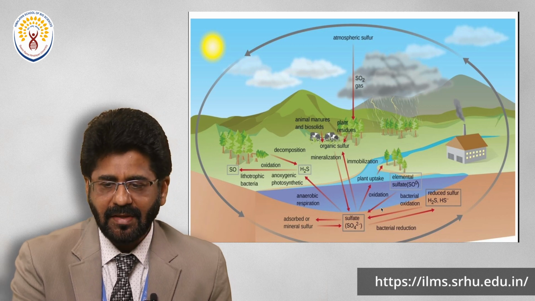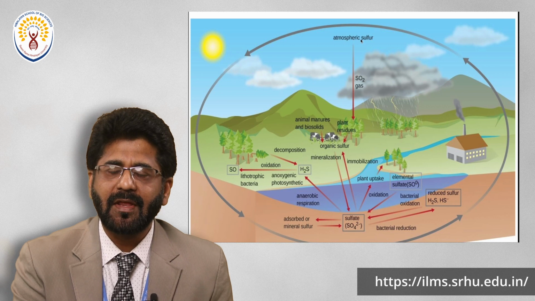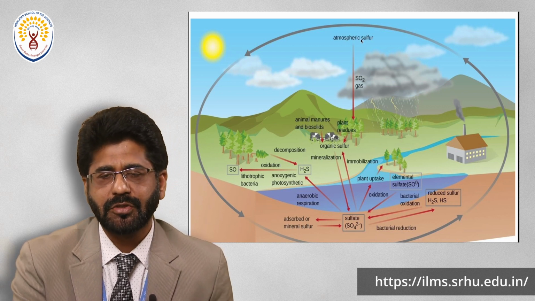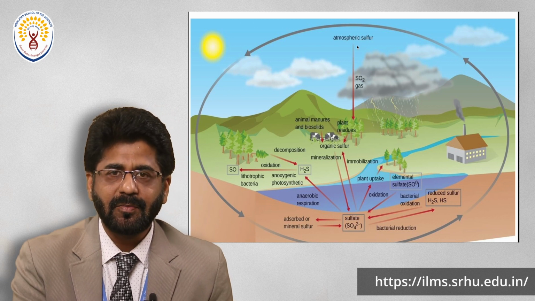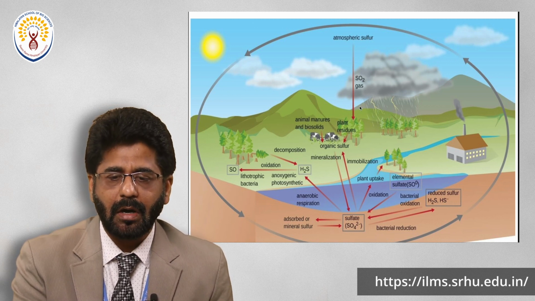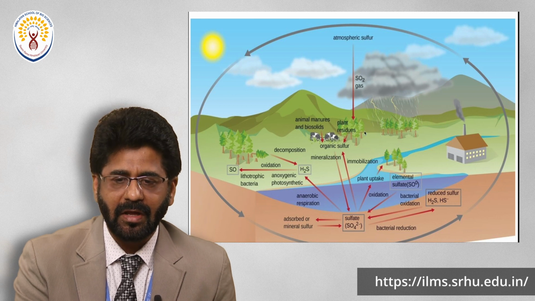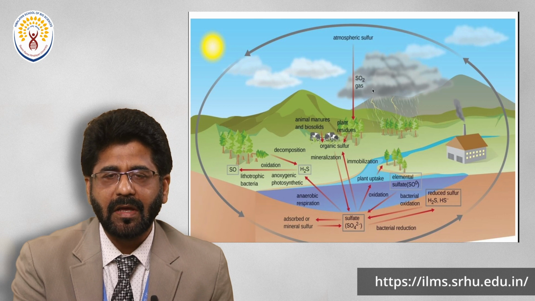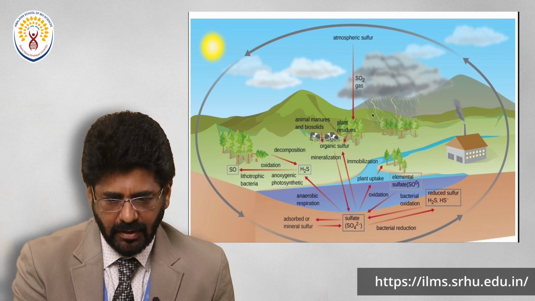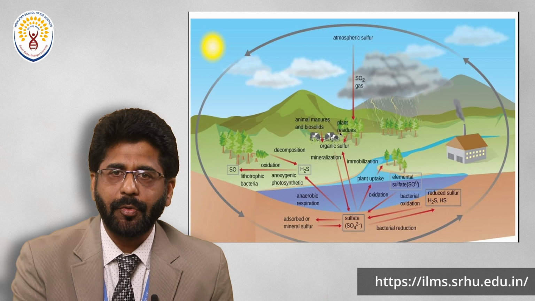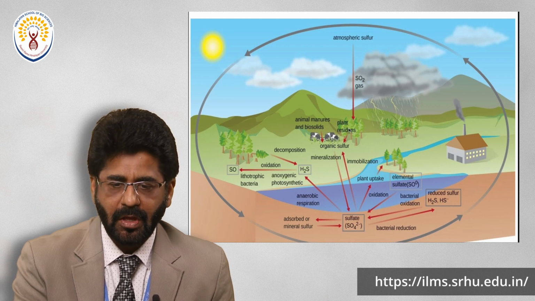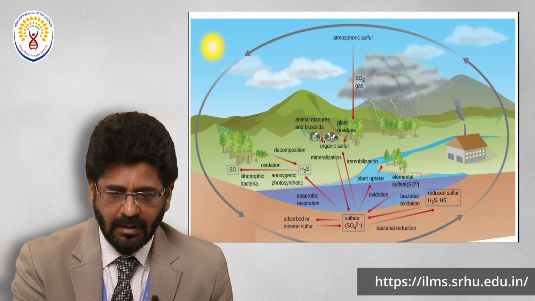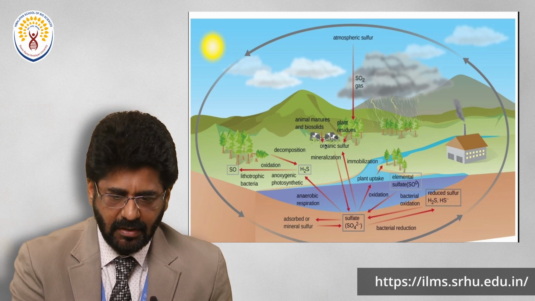Here you can see that atmospheric sulfur, which has been released with the help of volcanic activity, volcanic eruption or precipitation, is being taken to the ground level in the form of SO2 gas and taken up with the help of precipitation, which is readily absorbed by the plant residue. Moreover, animal manures and biosolids are also adding to the influx of sulfur to the ecosystem.